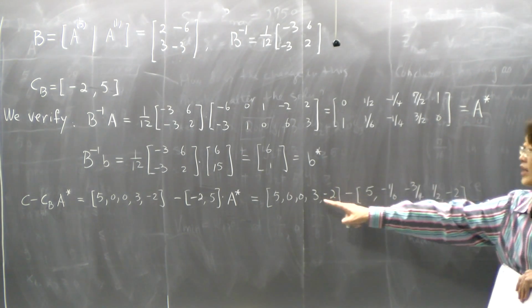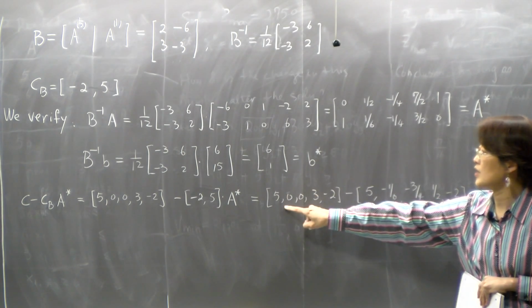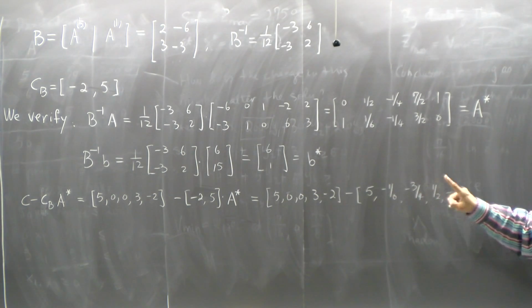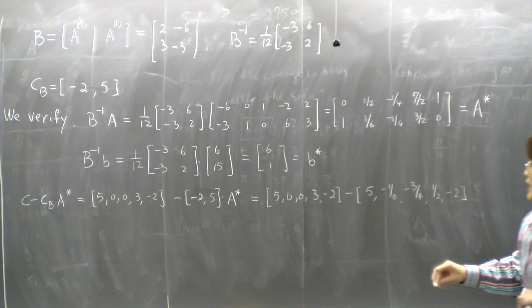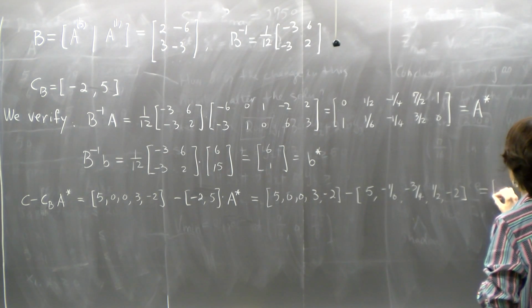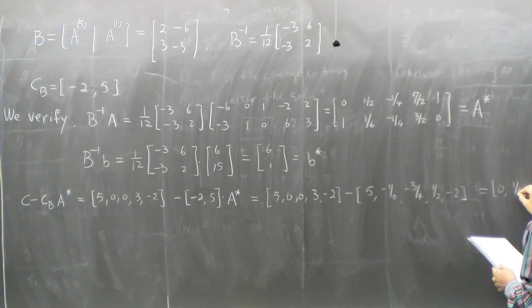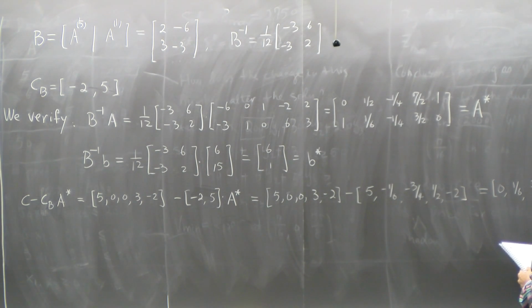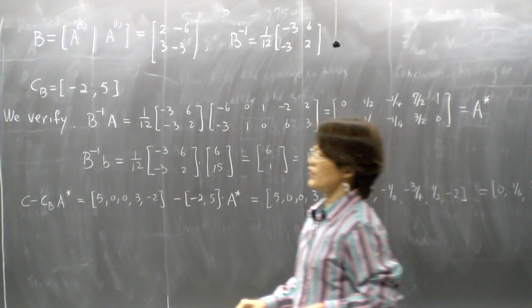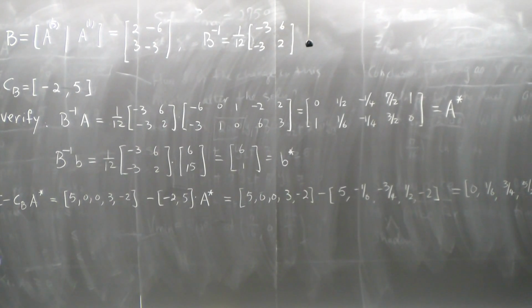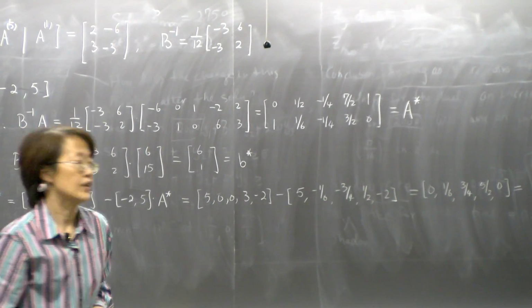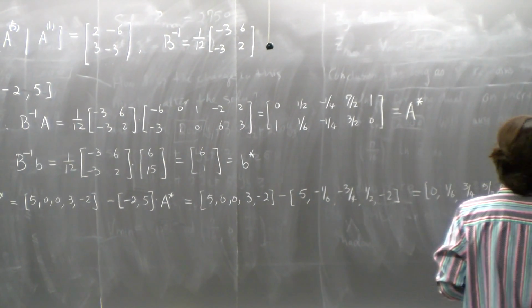And then you do subtraction, each element subtracted from the other. Sorry, I'm writing it really long. So I got 0, 1, 6, 3/4, 5/2, and 0. So that is exactly this vector we have here, the row vector. Okay, and that's my C star.